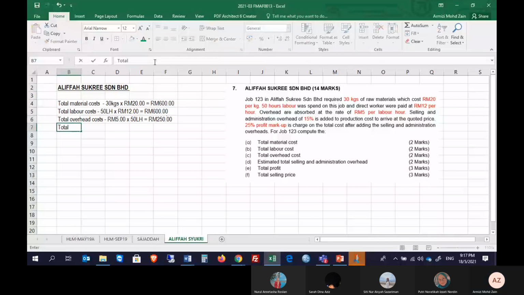Total product cost equal to RM 600 plus RM 600 plus RM 250 ringgit, equal to RM 1,450.